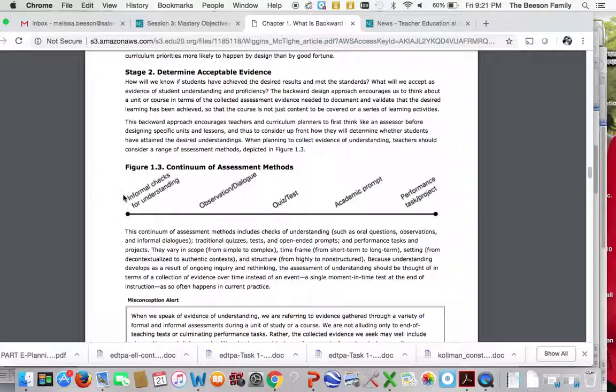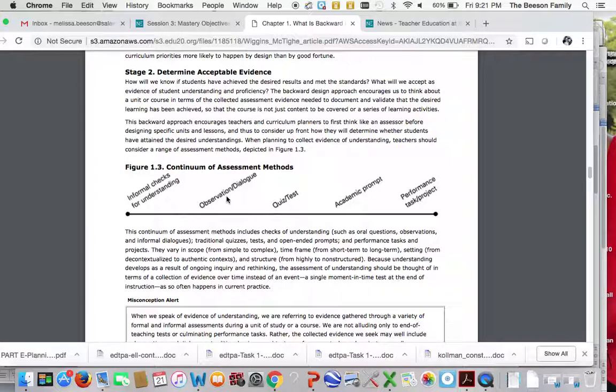These informal checks for understanding might be if I pull up Plickers, for those of you who've already taken 110, 510, scan the room real quick and I just see where everyone is. Or I'm walking around and listening to what groups are talking about. Or bending down and talking to someone and seeing what they say. Those are informal checks for understanding that probably aren't going to show up in my grade book, but I still am getting a sense of where my students are.